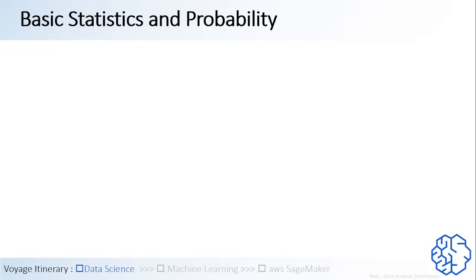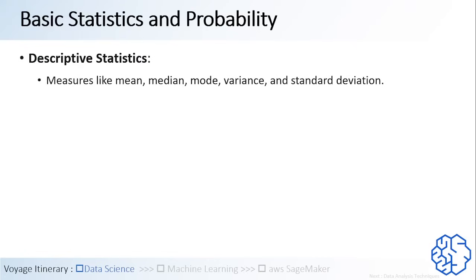So that is the role of data scientist. In this session, we are probably moving away from a data scientist role to a machine learning engineer, Gen AI engineer, right? But it is still very important to talk about statistics and probability, right?